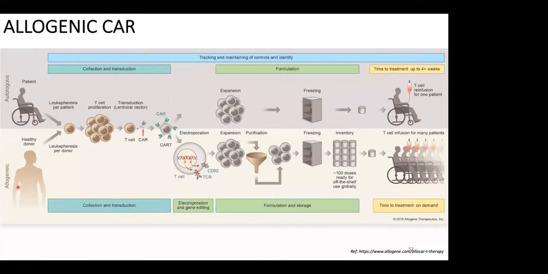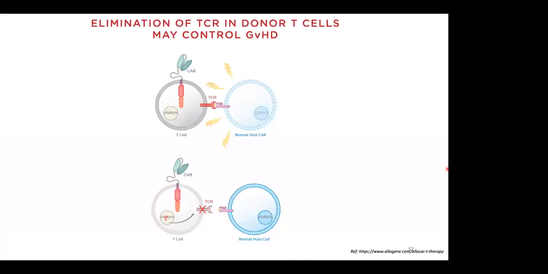While in an allogeneic CAR, once the CAR is expressed, what you can do is electroporate the cell and cause a knockout of the T cell receptor and CD52, which is essentially responsible for GVHD. Then expand the cells, cryopreserve them, and the leukapheresis from one healthy donor can help a lot of patients. So that is what allogeneic CAR is all about.